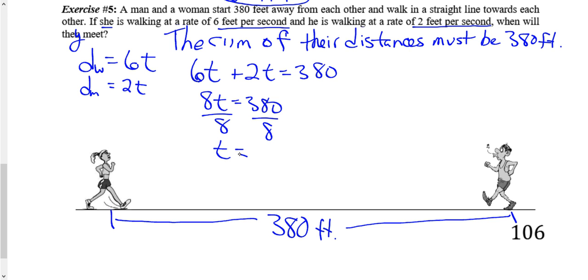And how long will it take them to meet, to the nearest tenth of a second? 47.5 seconds. That makes sense? That's almost a minute. Not walking very fast.